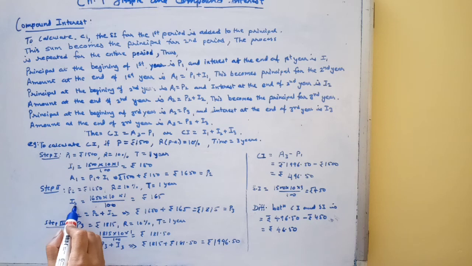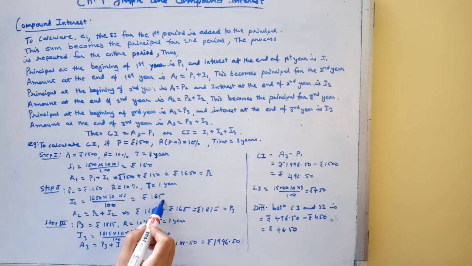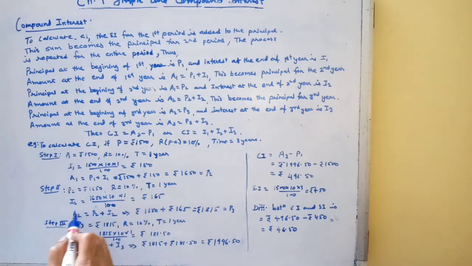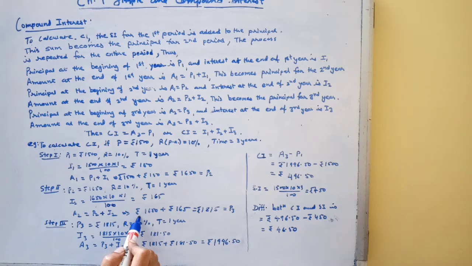We will get the interest for the second year as rupees 165. Now we find the amount for the second year, that is A2, is P2 plus I2, that is the principal for the second year and the interest for the second year. We will get rupees 1815, that is the amount of the second year, which is the principal for the third year.